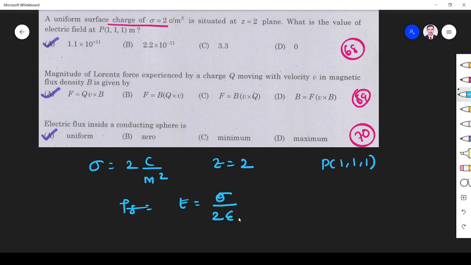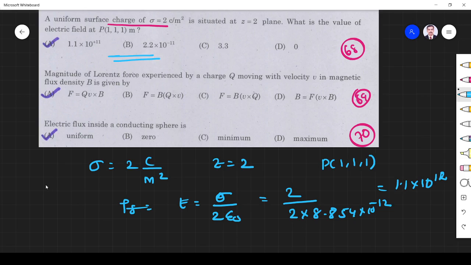So sigma is 2 divided by 2 into epsilon naught, otherwise you can put 8.854 into 10 power minus 12, right? So the answer is somewhat wrong, I feel. It is 10 power 2 into 2 by 2 is 1.1 into 10 power 12, right? So there is something wrong in this problem, so let us skip this.